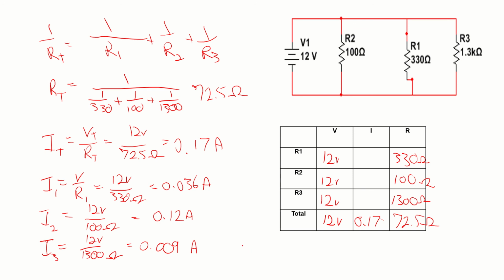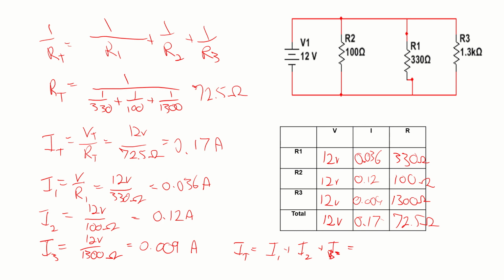Okay, and again, I total should be I1 plus I2 plus I3. I got to write these in here. So 0.036, 0.12, 0.009. And you'll see this is the biggest number because it's the smallest resistance. So it's the biggest pipe, lets the most electricity through.